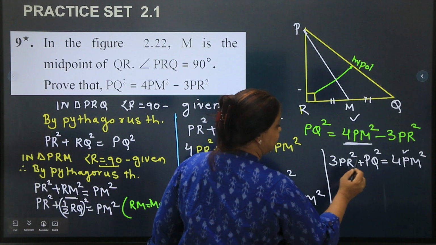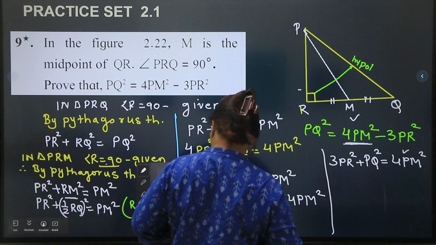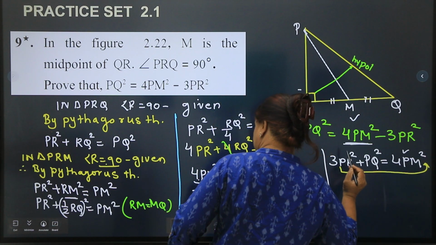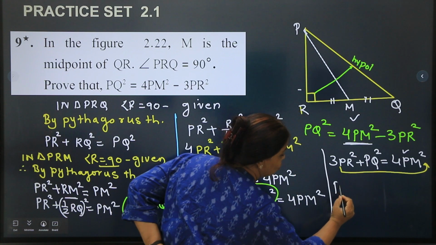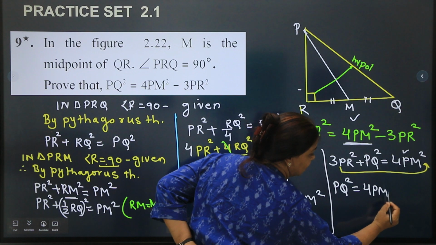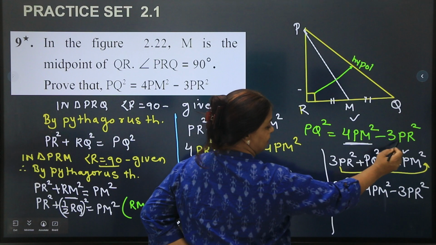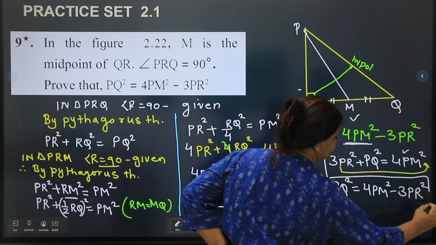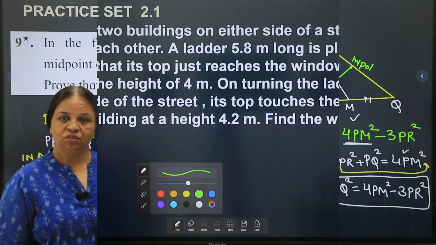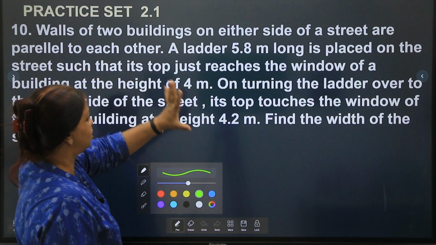And after that I wanted minus 3 PR square, so I will be shifting PR square to this side, and I will get PQ square is equal to 4 PM square minus 3 PR square. This is what I wanted, and we got it. Hence proved. Done, children?